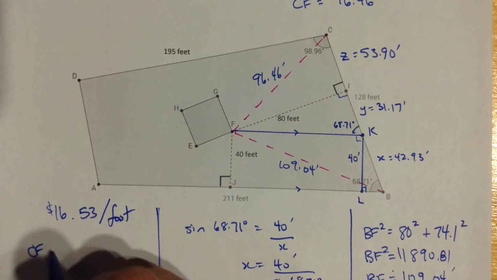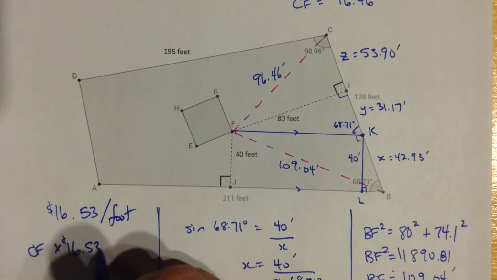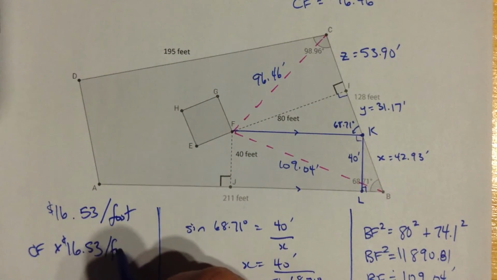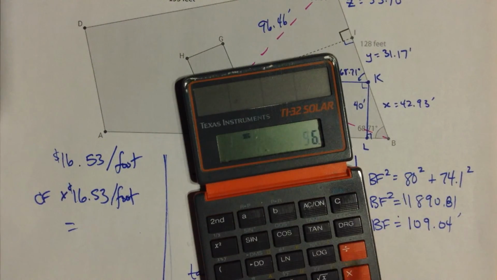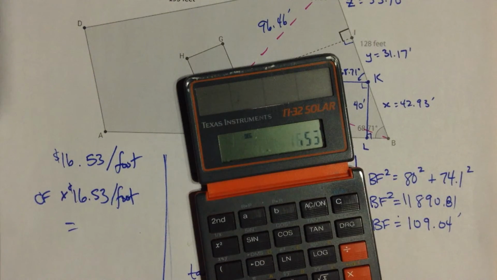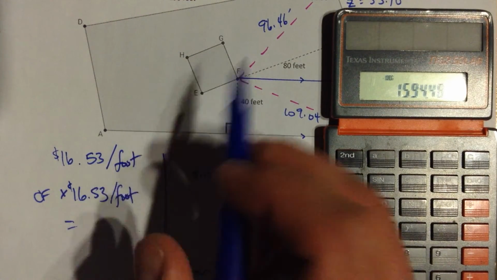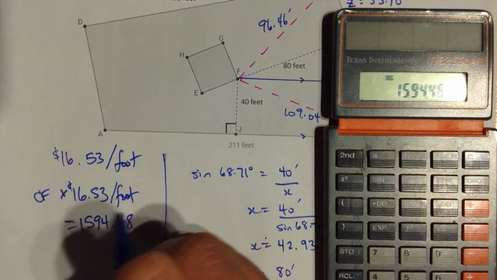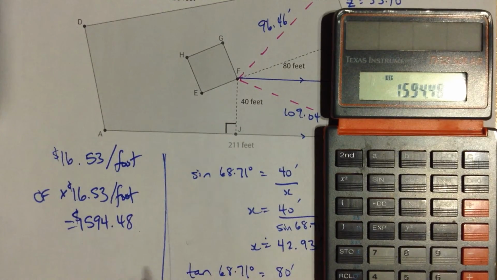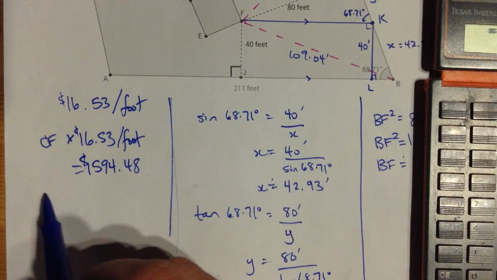So CF times 16.53 per foot is equal to, let me just multiply it all out here, 96.46 times 16.53. The cost to go from C to F is $1,594.48 to the nearest penny. And if I was being really accurate, I might have to round that up another cent.